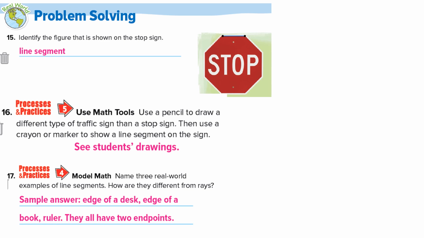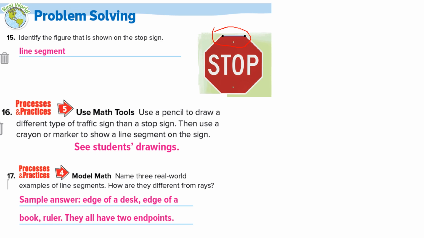Okay, let's look at number 15. I'd like to talk through these now as you're correcting. Identify the figure that is shown on the stop sign. So if we look up here, you see that there are 2 endpoints, so that has to be a line segment. For number 16, it says use a pencil to draw a different type of traffic sign than a stop sign, and then use a crayon or marker to show a line segment on that.